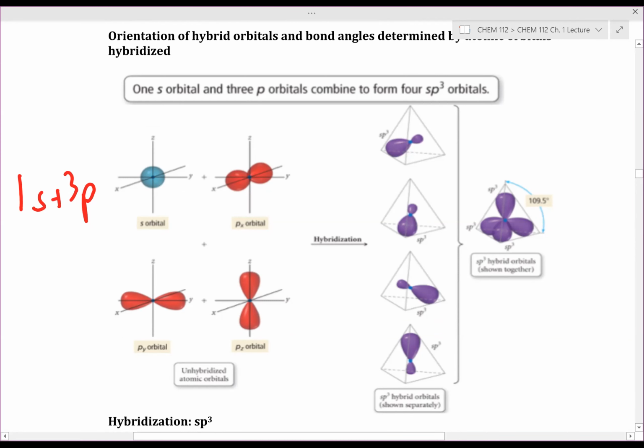Okay, perfect. So the sp3 hybridization correlates directly with the molecular geometry or electron pair geometry of tetrahedral. Let me write this below.